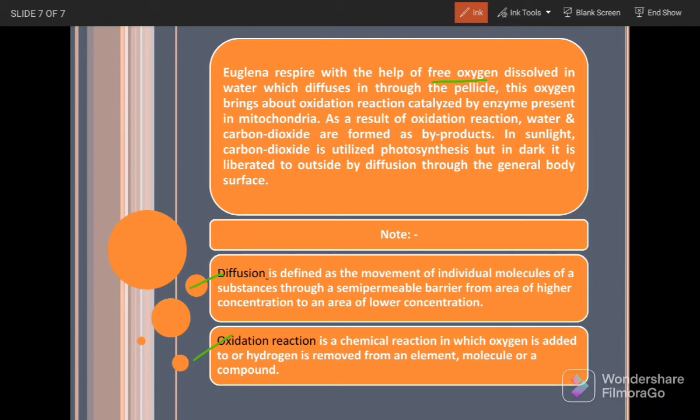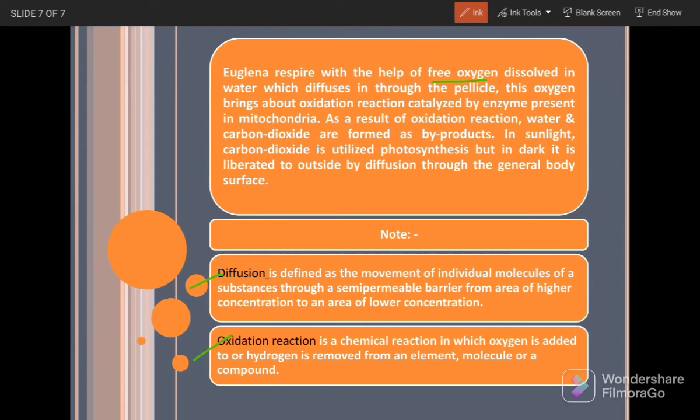Euglena takes the oxygen which is dissolved in water. How? It diffuses in through the pellicle. Diffusion means movement of molecules of a substance through a semi-permeable barrier from an area of higher concentration to an area of lower concentration.